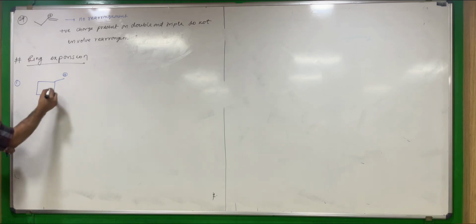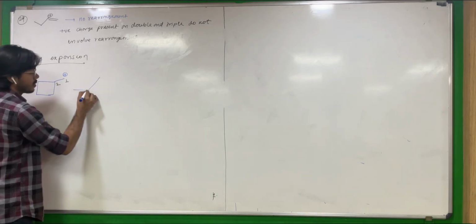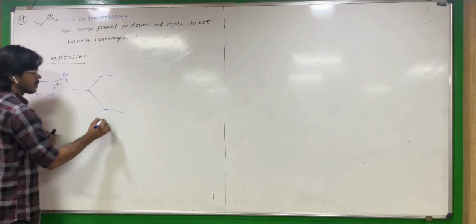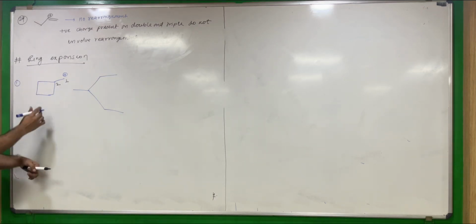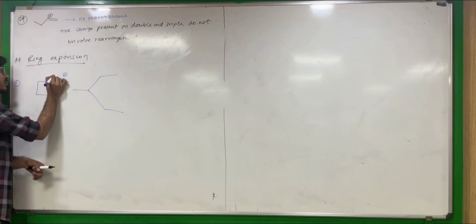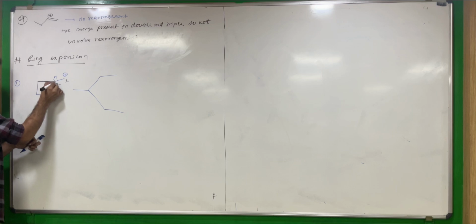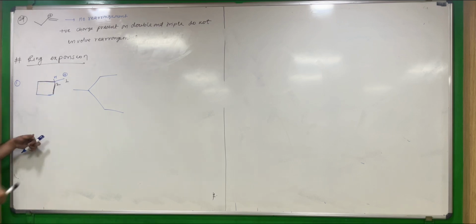Now if this is carbon number 1, this is carbon number 2. On carbon number 2, we have one hydrogen present and these two groups are present.